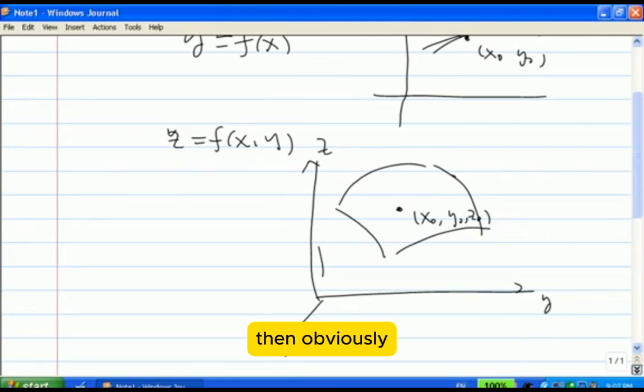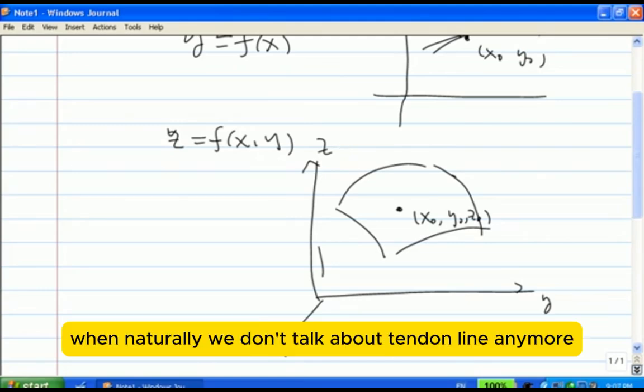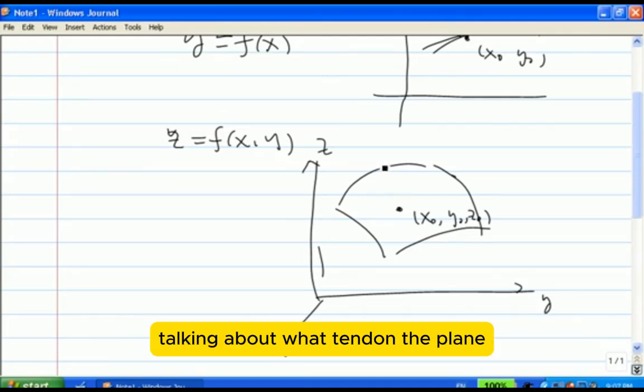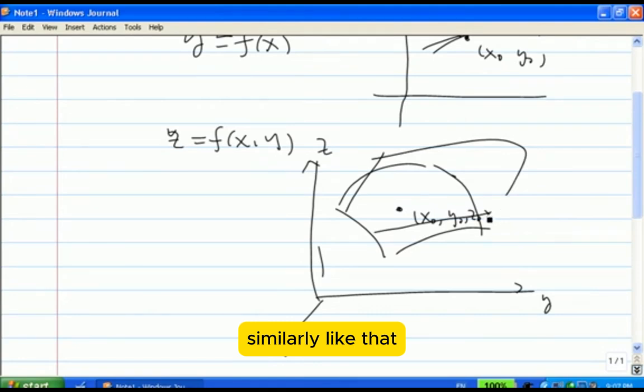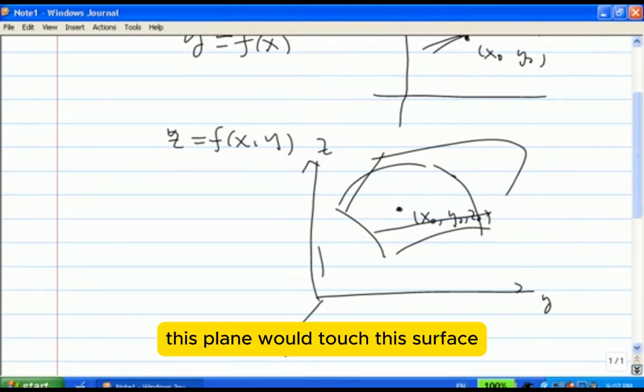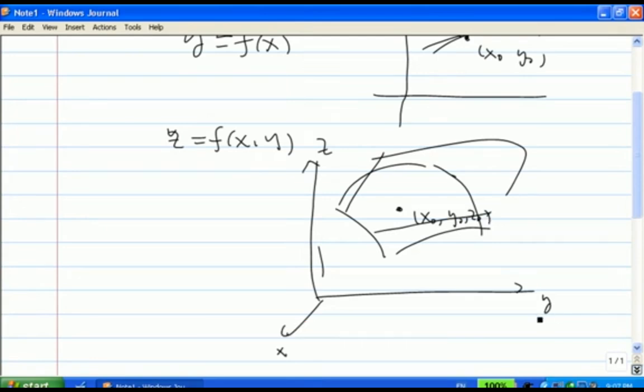Then naturally, we don't talk about a tangent line anymore. We're talking about a tangent plane, similarly. This plane would touch the surface at just that one point. Just touch it.